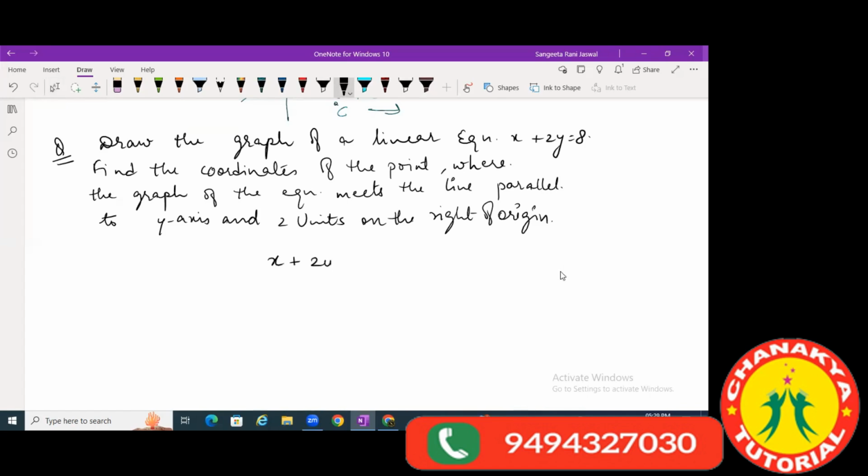x plus 2y equals 8. First plot the graph of this line. Take different points on this.